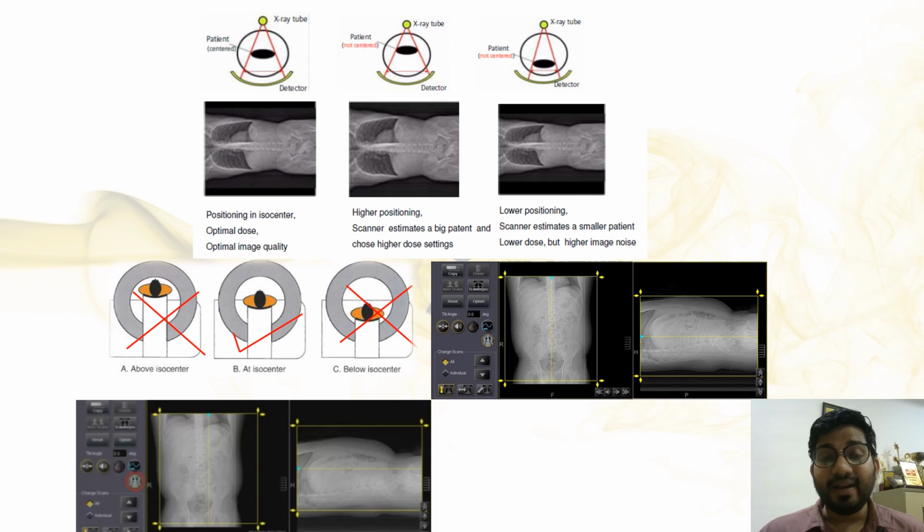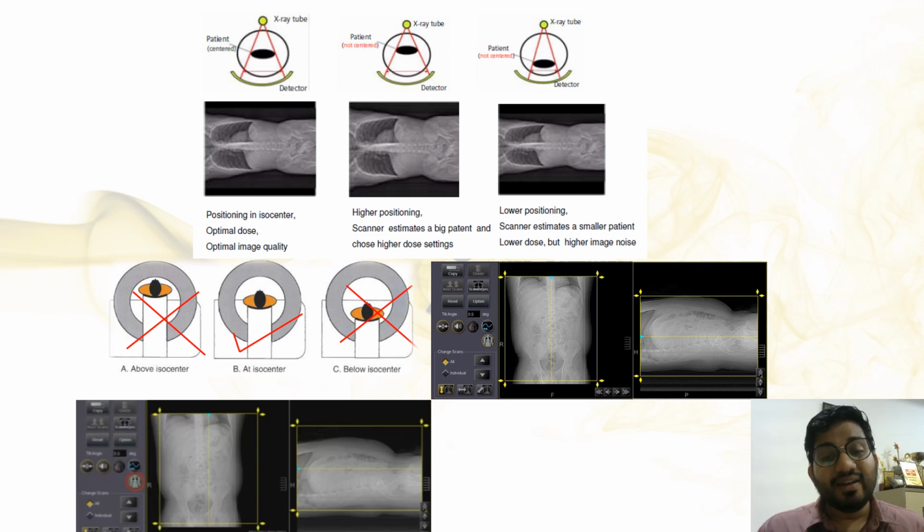So what will happen after doing the topogram or scanogram with the above-isocenter patient? The scanner will automatically set a kVp and mAs according to the patient size. So above isocenter, if we keep, the scanner will assume it is a heavier patient. So technical factors will be higher. So excessive dose will be given to that patient.